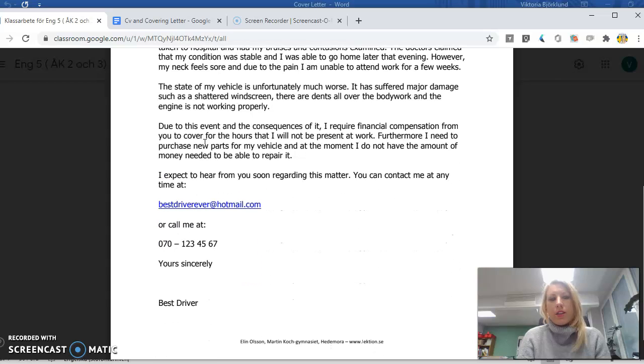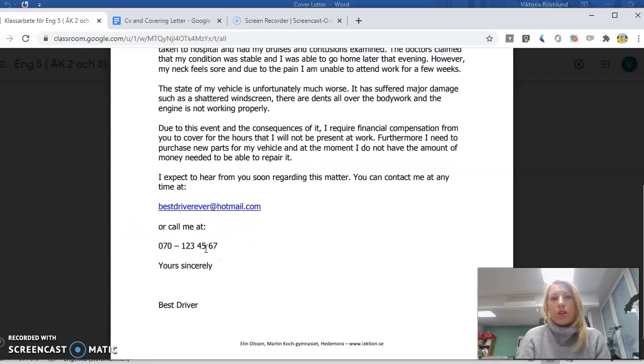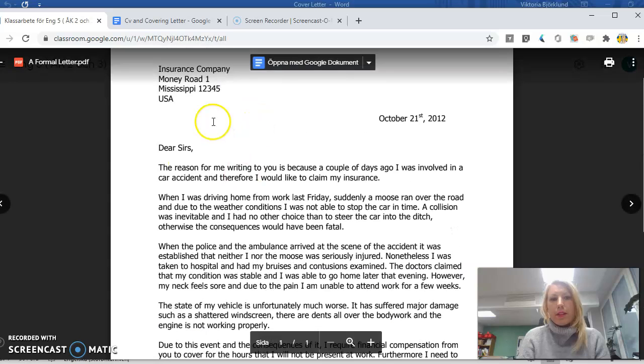And you can also see that you end the letter correctly with yours sincerely. So you need to look at this example here of a formal letter.